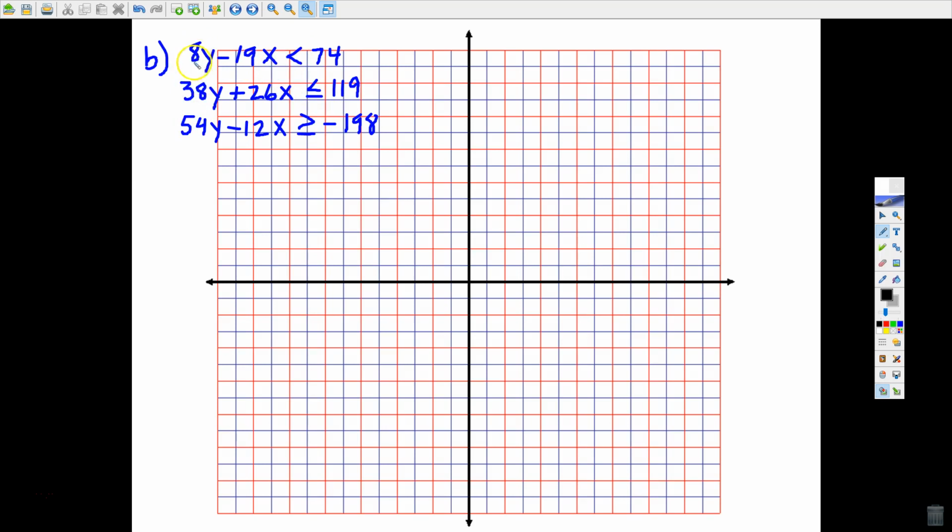I don't have to worry about that happening, so therefore I'm not going to worry about solving these for y, because to me it's going to be a little quicker if I just find intercepts and just plot 2 points instead of trying to find the y-intercept and then count the slope. Alright, so let me show you what I mean. I'll do this first one in red.